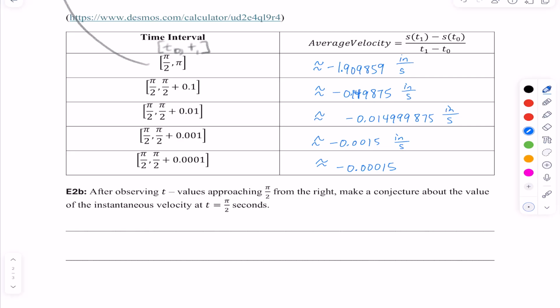So it seems like the average velocity is getting smaller and smaller.